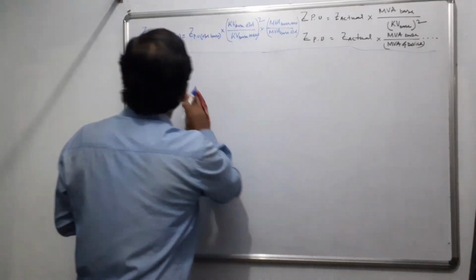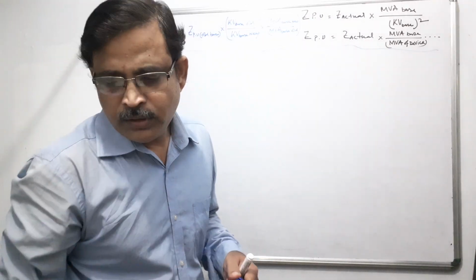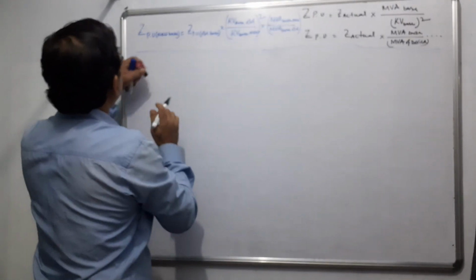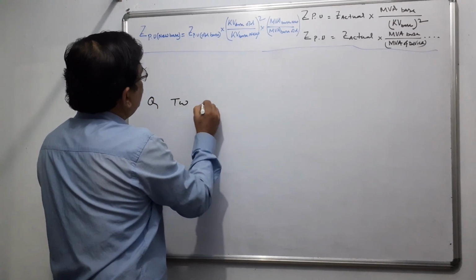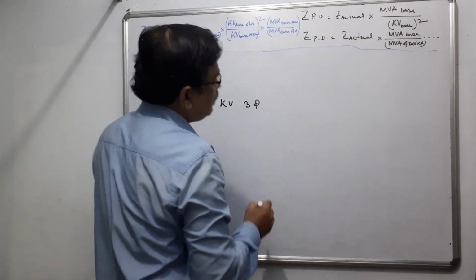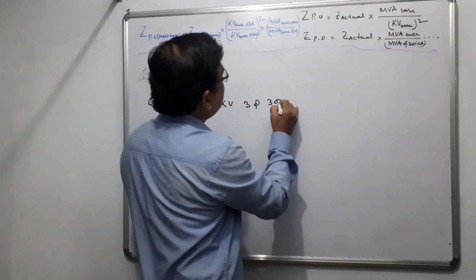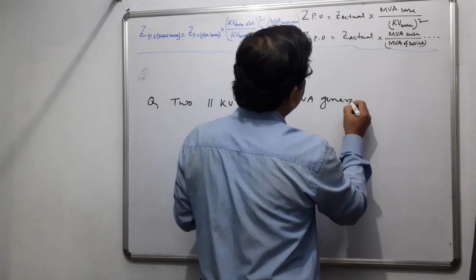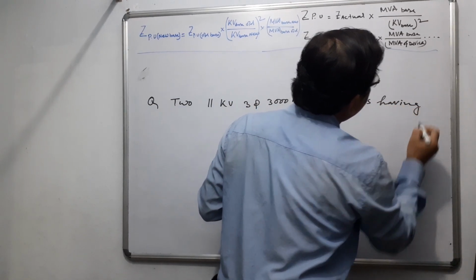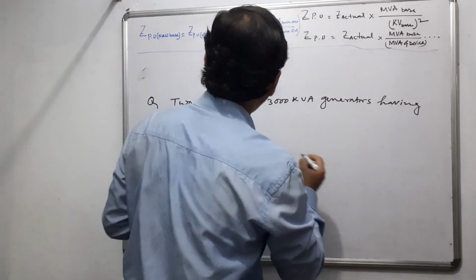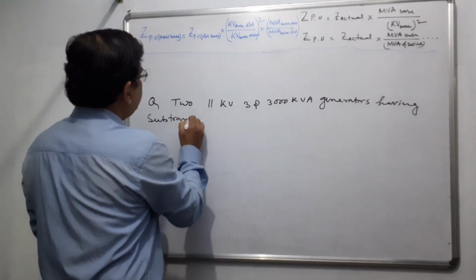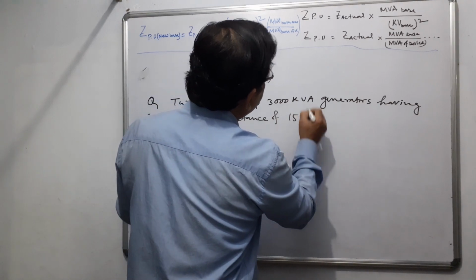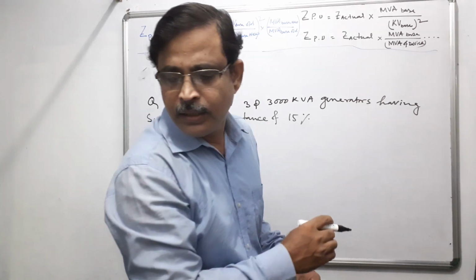So take one problem. Two 11 kV 3-phase 3000 kVA generators having subtransient reactance of 15% operate in parallel.